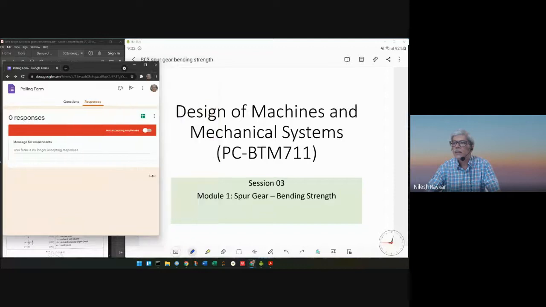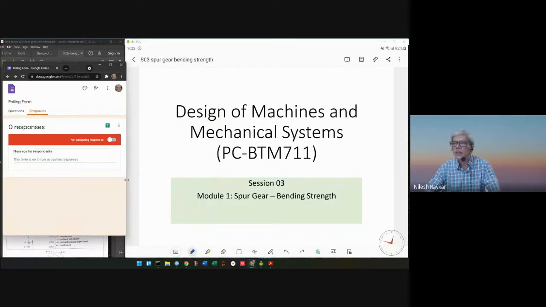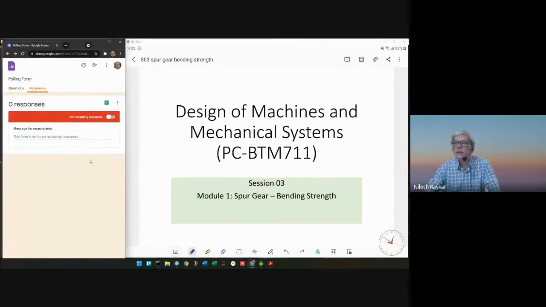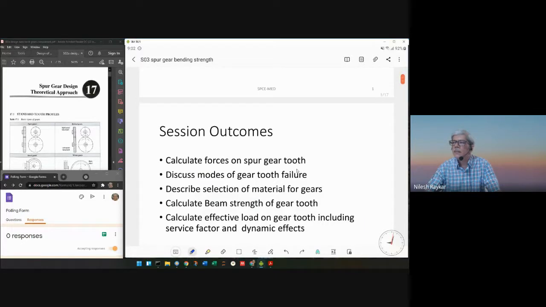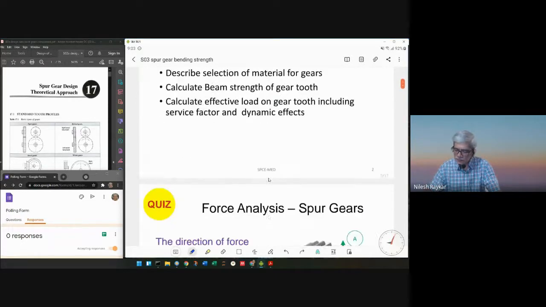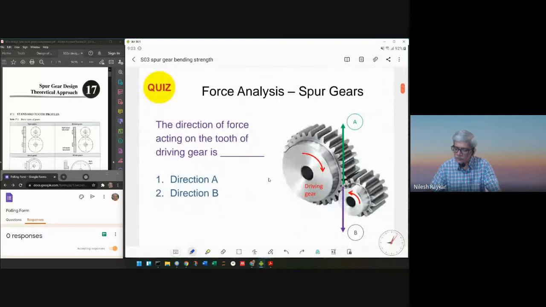We'll have one question related to the direction of the tangential force. There is a certain way to determine the force acting on the gear tooth.